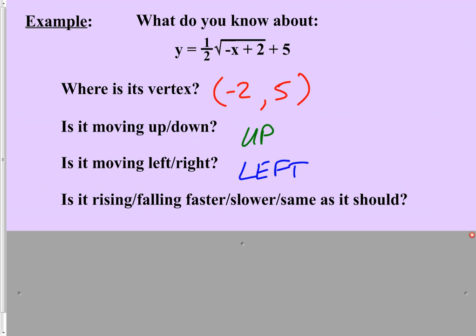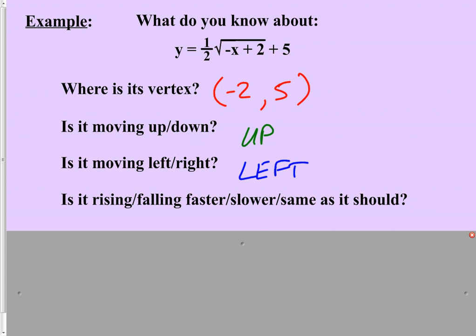Now, is the graph rising or falling, faster or slower, or the same as it should be? So now we're going to pay attention to the coefficient of the variable associated with the radical. We have a 1/2 outside of the radical, so that 1/2 is indirectly affecting the coefficient of x.